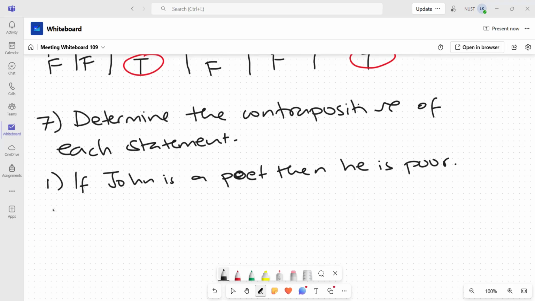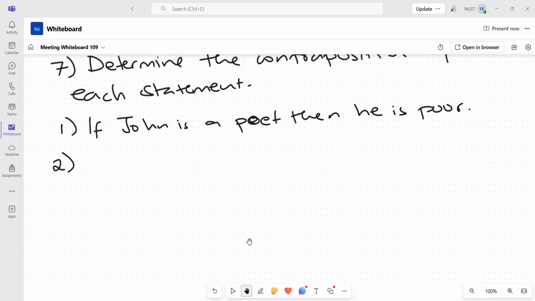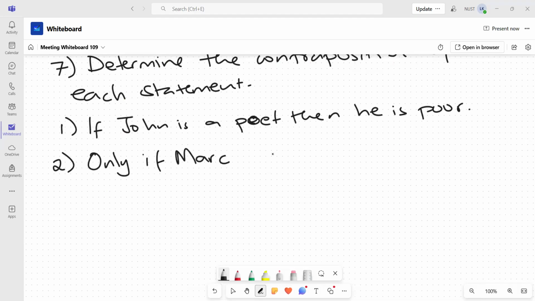So when I'm writing these statements, try and figure them out for yourselves. You can pause the video and then see if you get it right. The second one says, only if Mark studies will he pass?